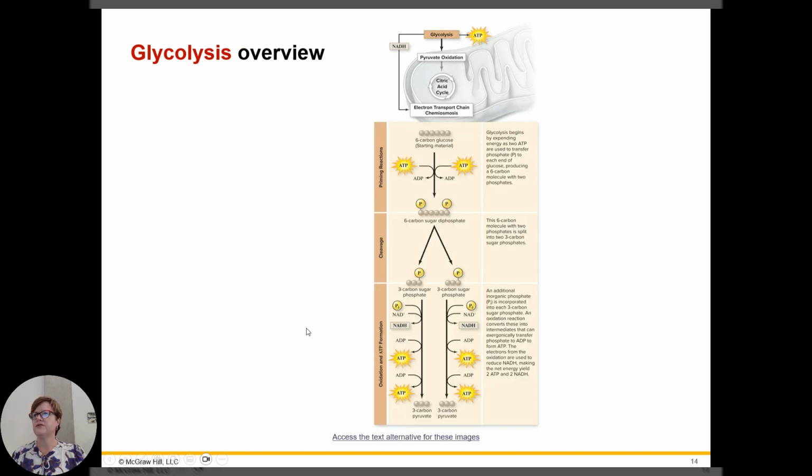This is the overview of glycolysis. You do not have to memorize this, but it gives you some sense of the steps. Even this picture doesn't show you all 10 steps, so you can find even more detailed diagrams of each of the 10 steps. We don't really need to go into that level of detail. What we see here is the 6-carbon glucose starting the process. At the bottom, we end with 2 molecules of a 3-carbon compound called pyruvate.